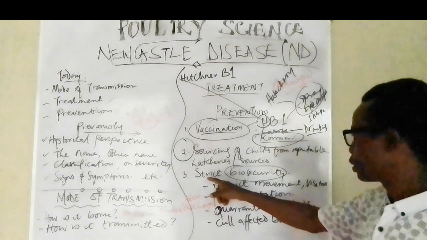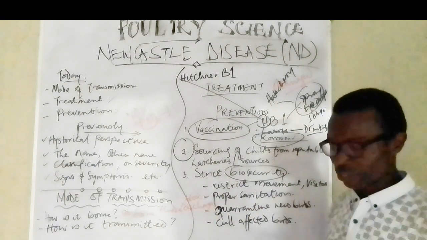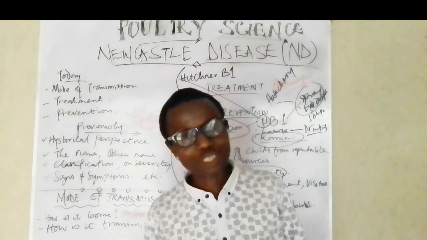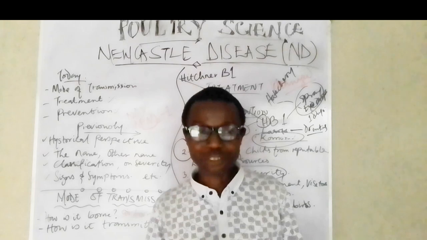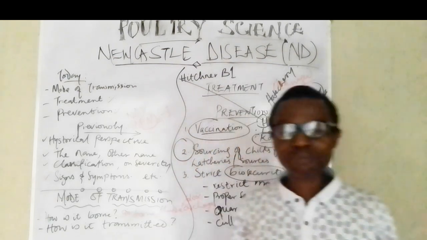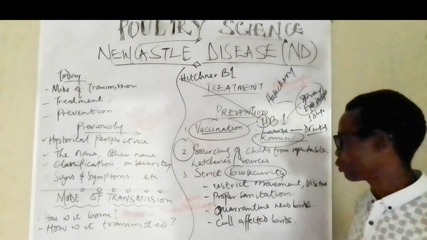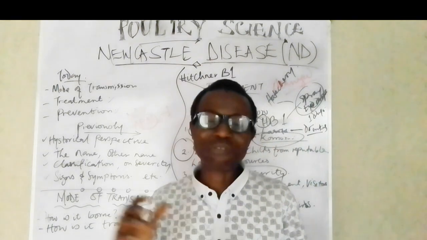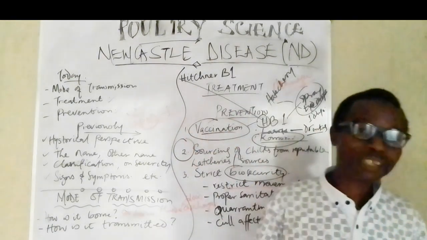Then number three, you go for strict biosecurity. Biosecurity means everything biologically done in order to secure your birds. You restrict movement. People don't enter into your farm anyhow, including relations.